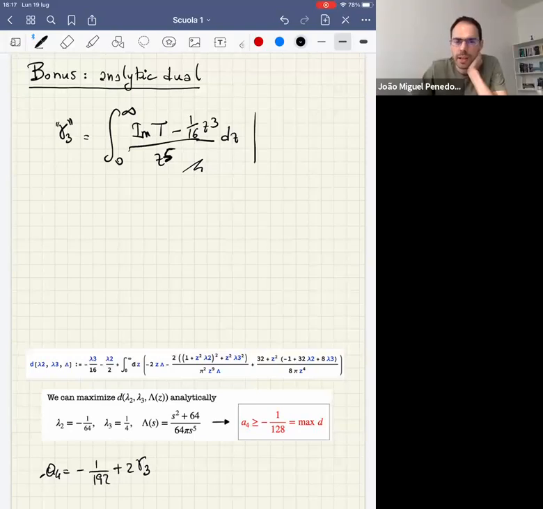Let me make a comment. Maybe it will help, I'm not sure. If you put the problem more or less like you're suggesting, fixing gamma 3 in the allowed range, and then asking what are the allowed values of, say, the real part of the amplitude at S equals 5, and you maximize and minimize, usually these problems are not good.